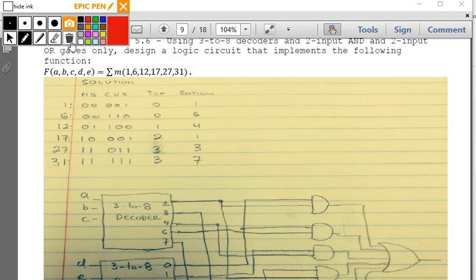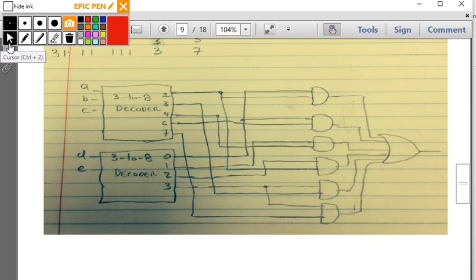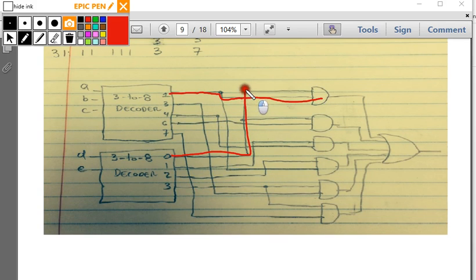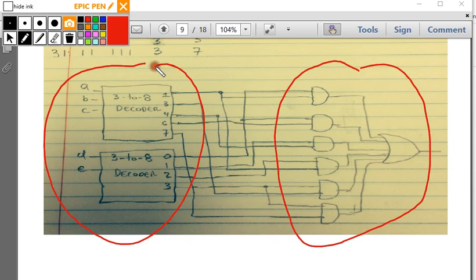So I'm going to scroll up for those in the back. 3 to 8 decoder. I have 1 either goes here when this output is 0, or 1 comes down here when the output is 1, right? I'm sorry, when it's 2. And then you can build this whole circuit here based off of 3 to 8 decoders.